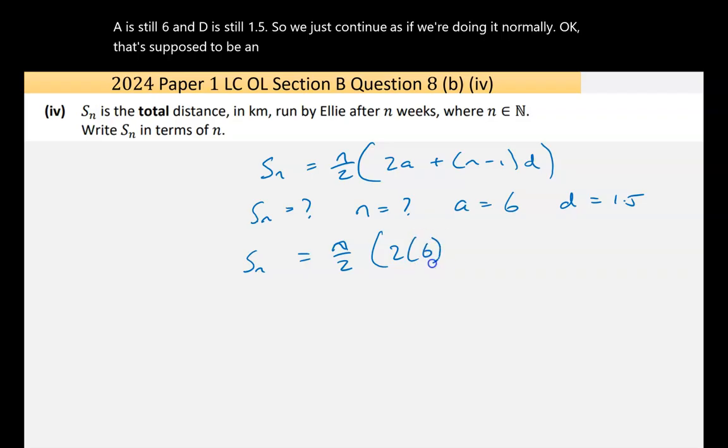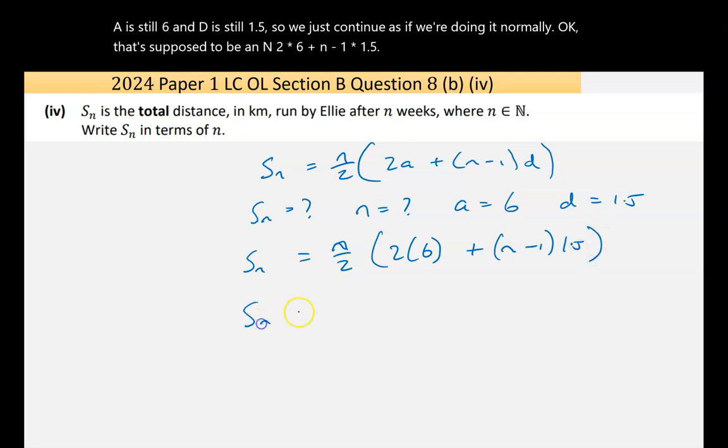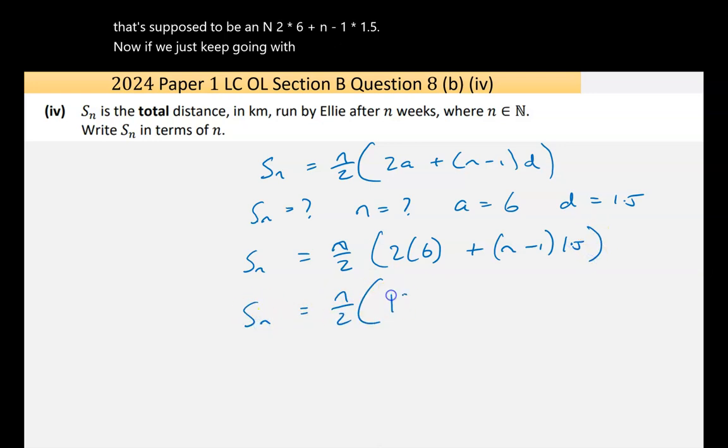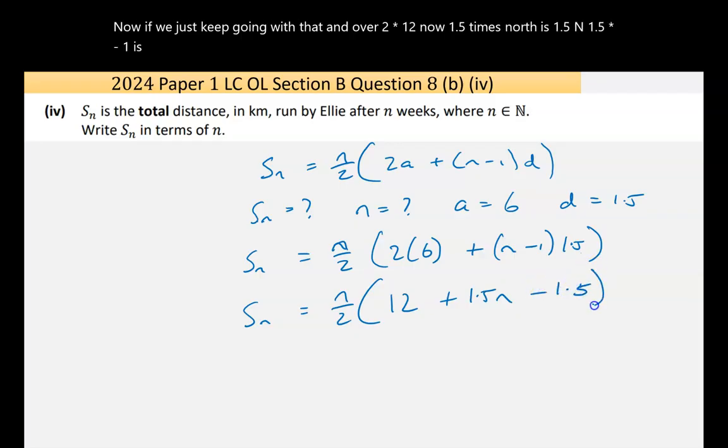2 times 6 plus n minus 1 times 1.5. Now if we just keep going with that, n over 2 times 12. Now 1.5 times n is 1.5n. 1.5 times minus 1 is minus 1.5. These two terms can combine together.